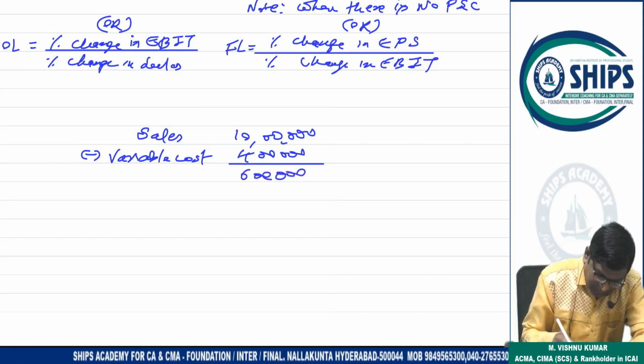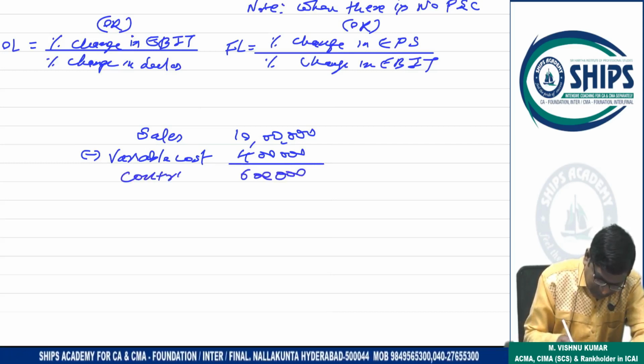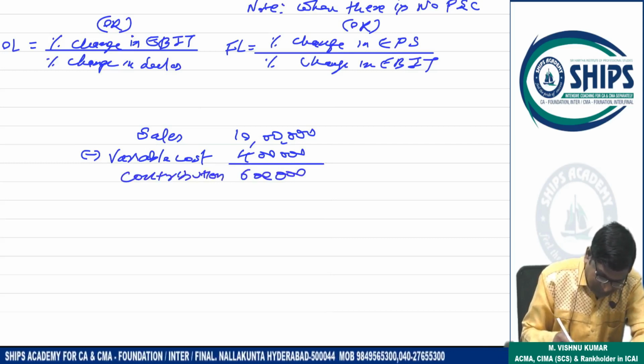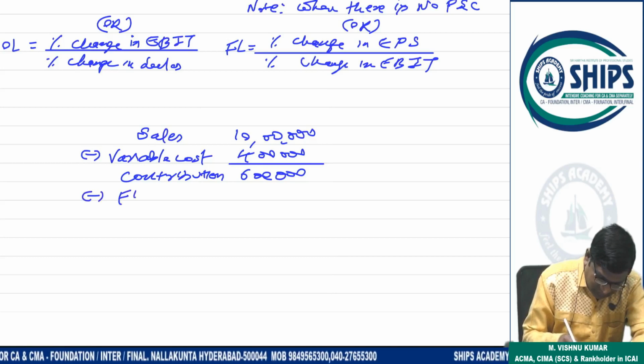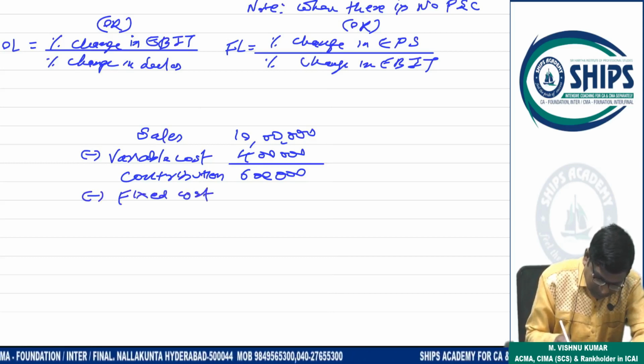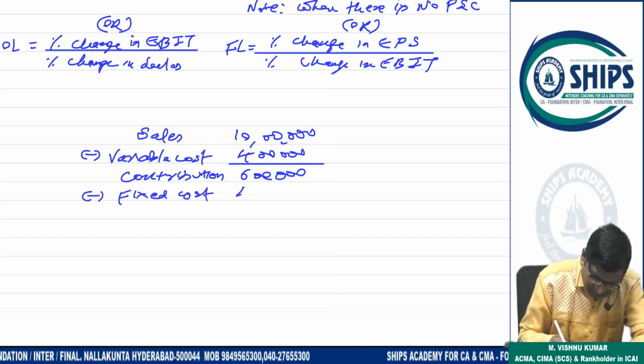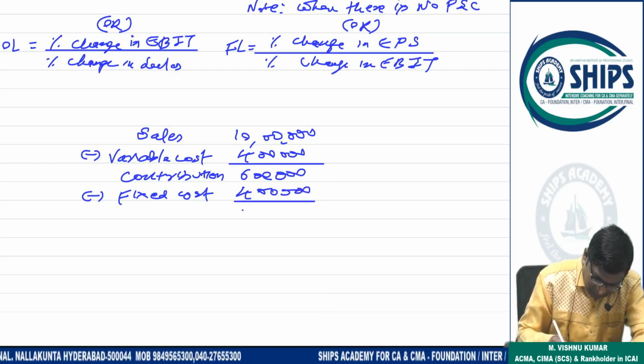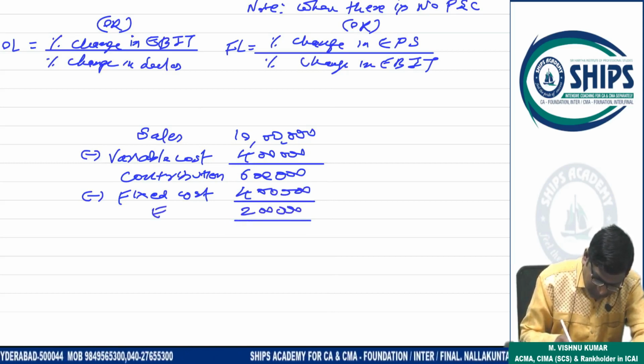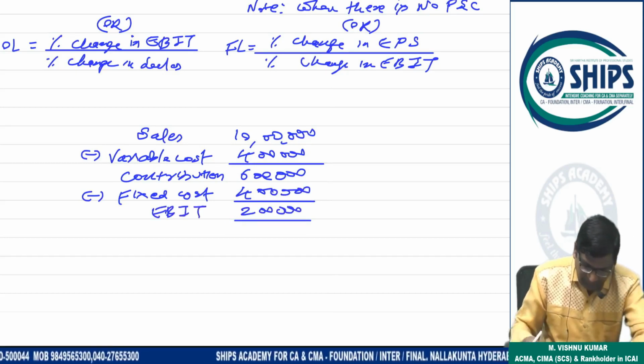So contribution how much? 6 lakhs. Then minus fixed cost. Suppose fixed cost is 4 lakhs. Then this 2 lakh is what? EBIT.